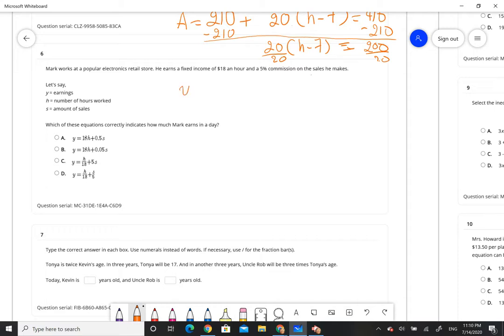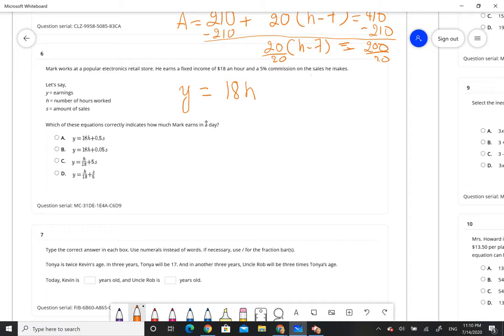So that means Y equals, the amount of sales, right? And then H is the number of hours, right? And he earned 18 an hour, right? That means 18 times H.